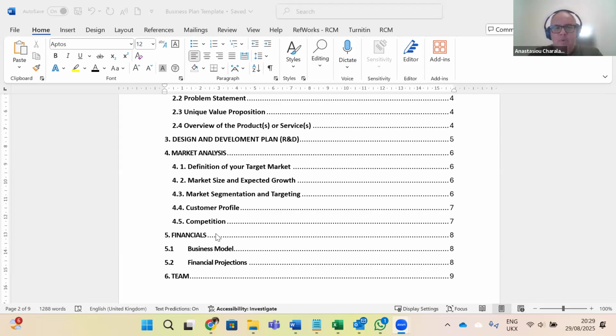Where you would have to describe what type of revenue you're going to be making. Are you going to be selling services? Are you going to be selling software? Is it going to be a product? How many units are you going to sell? Those things go into this section, along with financial projections, where you also describe your expenses as well. This way you can show whether you need funding, whether you want to be profitable, what year you want to be profitable.